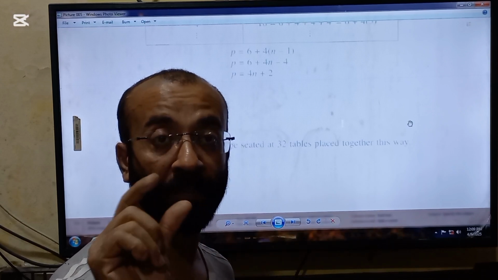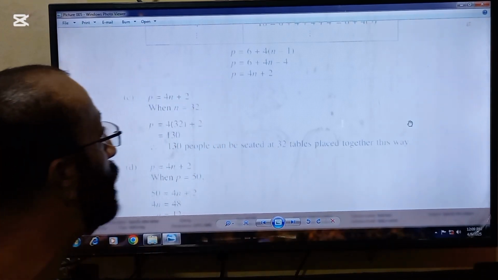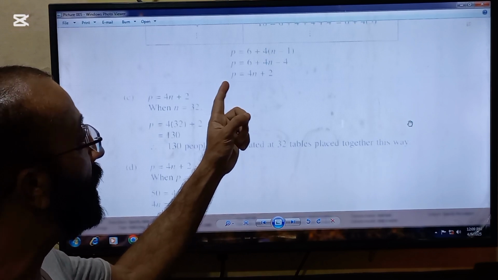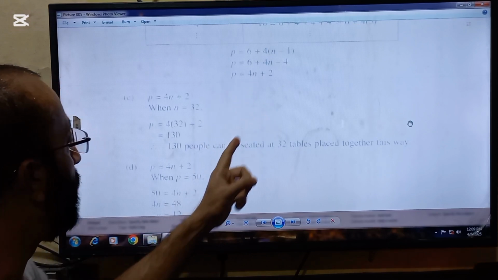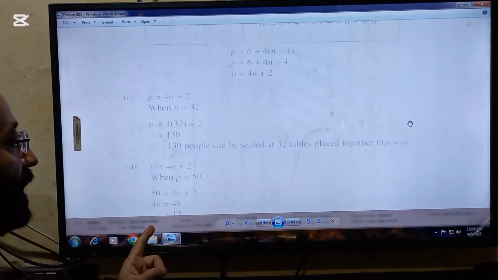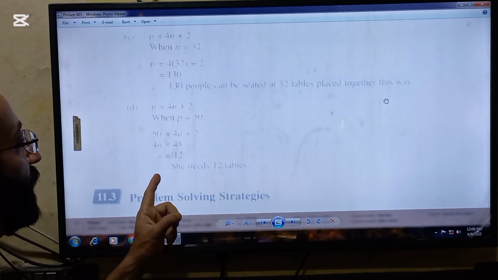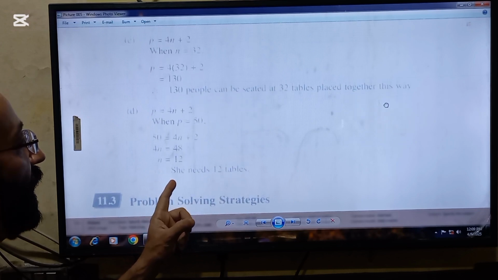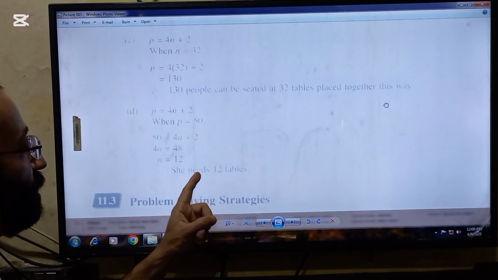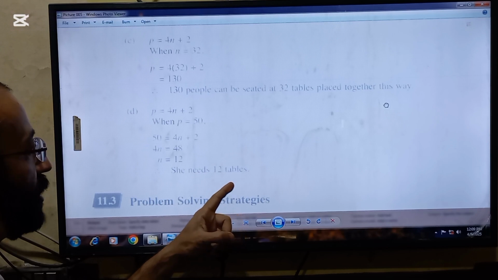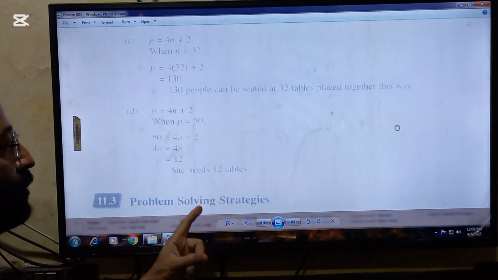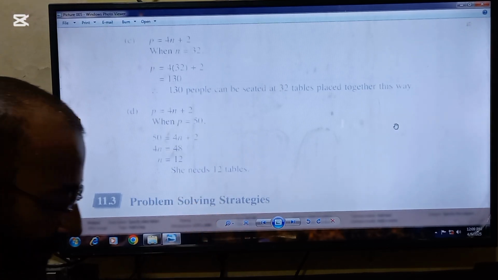The number of people is given, so you will put 50 equal to this formula, and from there you will get the value of n, that is the number of tables required for 50 people to be seated. So 12 tables are required.